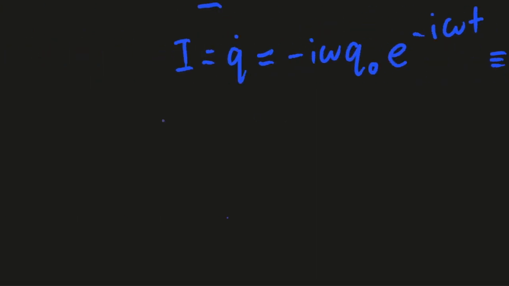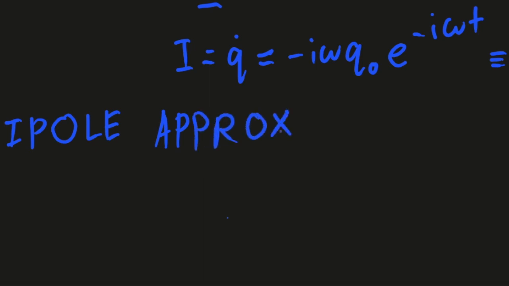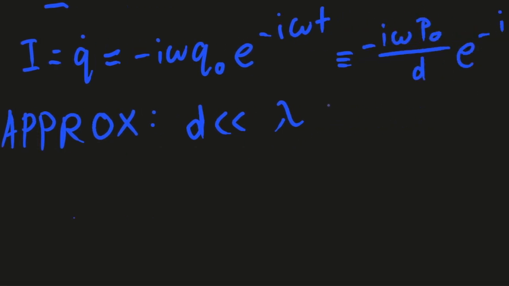For what we call the dipole approximation, we're basically saying that the dimensions of the dipole are much less than the wavelength of the radiation it is emitting, which is equivalent to 2 pi c over omega.